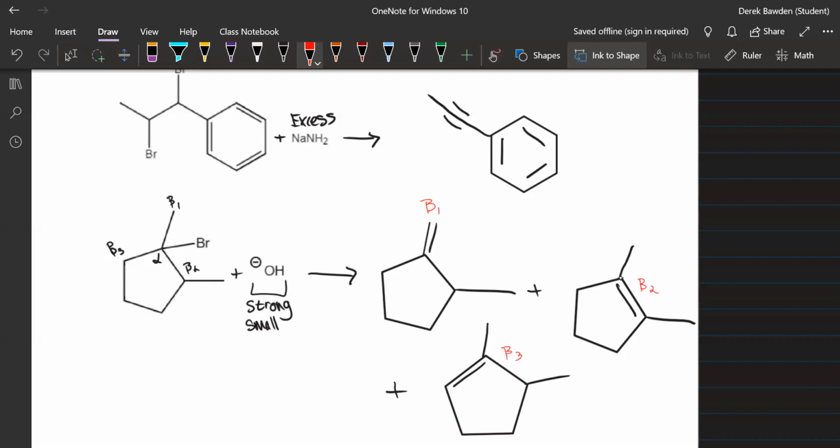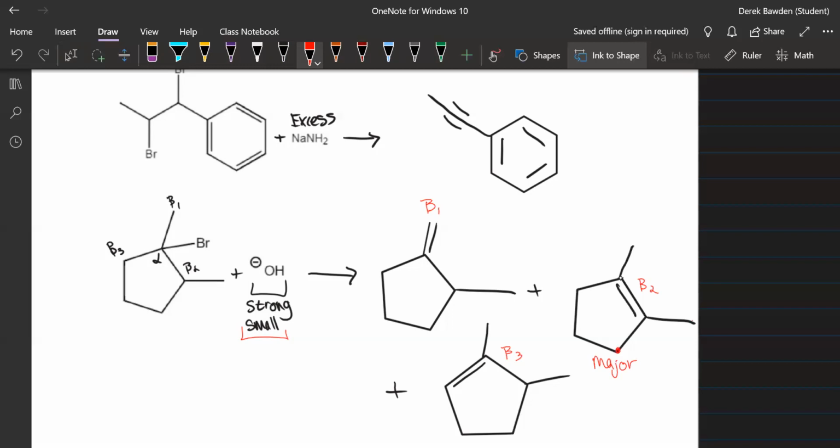So we had a small, strong base. We have a small base, Zaitsev or Hoffman. Zaitsev is a small guy. He wants to bulk up, so he wants the most substituted product. So what do we think is going to be our major product? Beta 1, beta 2, or beta 3? Beta 2, perfect, because this is tetra substituted.